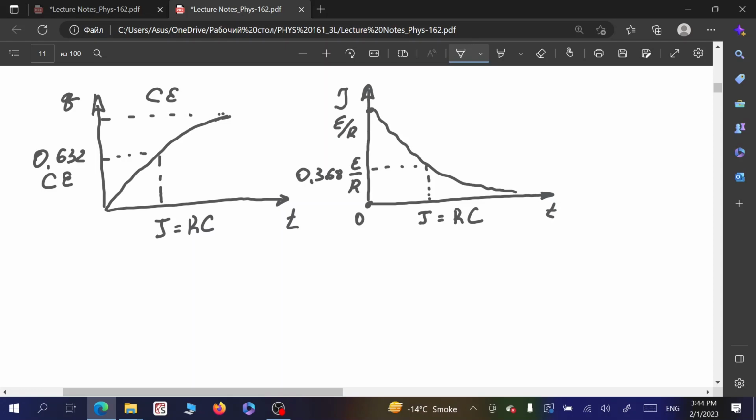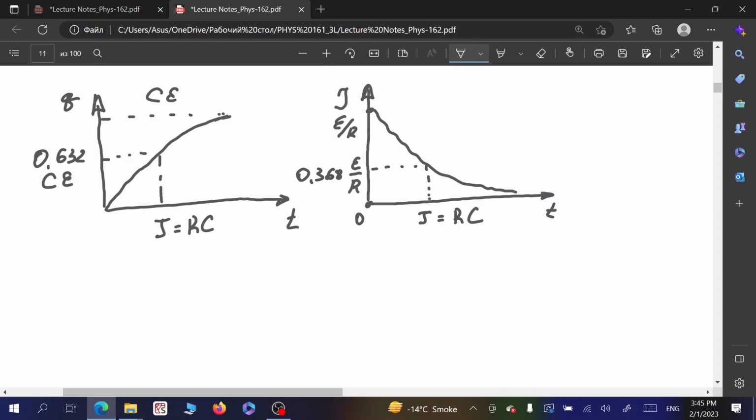So in the moment when we have a discharged capacitor connected via a load resistor to the battery, when we turn on this circuit, like short it with a switch, we start to charge the capacitor with the maximum current, which is limited by two parameters: epsilon, the electromotive force, and load resistance.